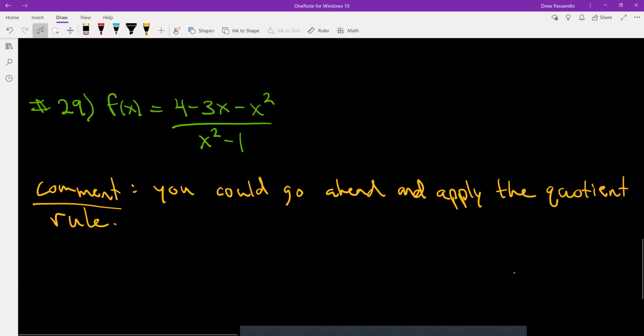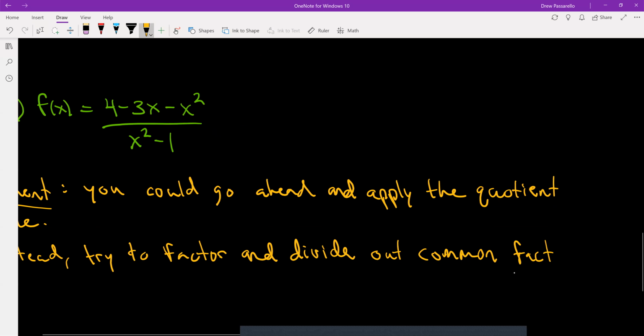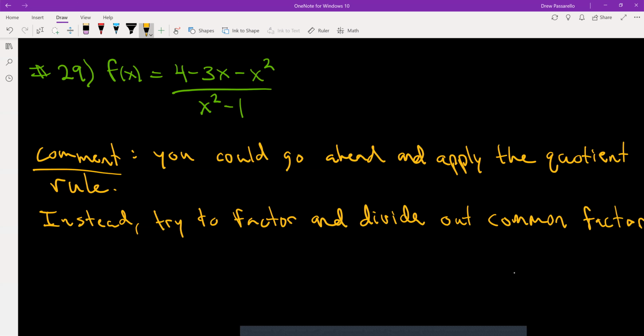That's how I do it on Blackboard in the worked out examples. So for the video, I'm going to do it a little bit differently. So what I'm going to do is instead try to factor and divide out common factors, if there are any, and make note of any discontinuities when I divide out the common factors.